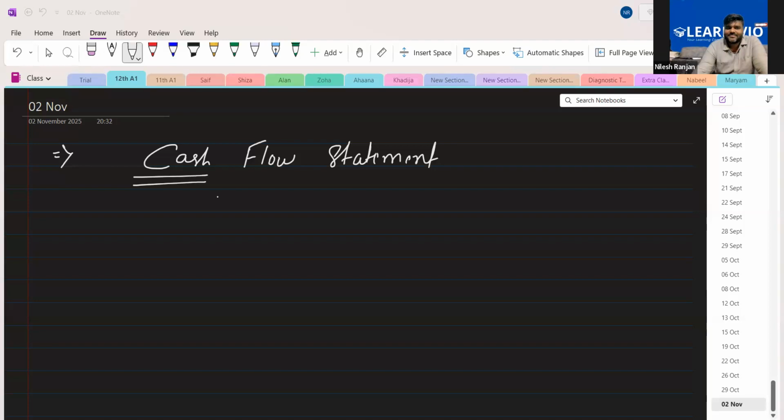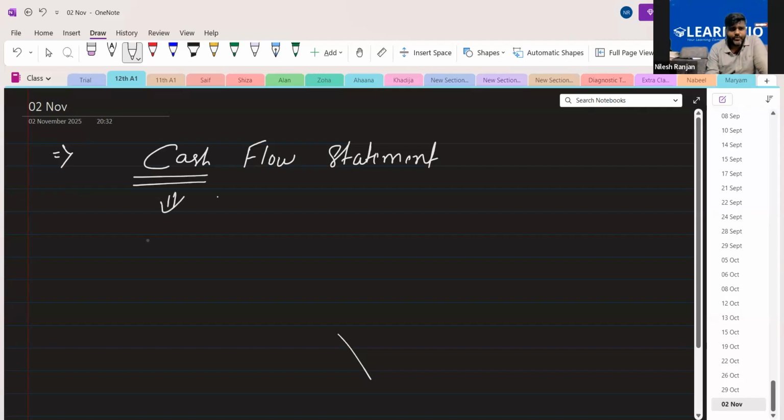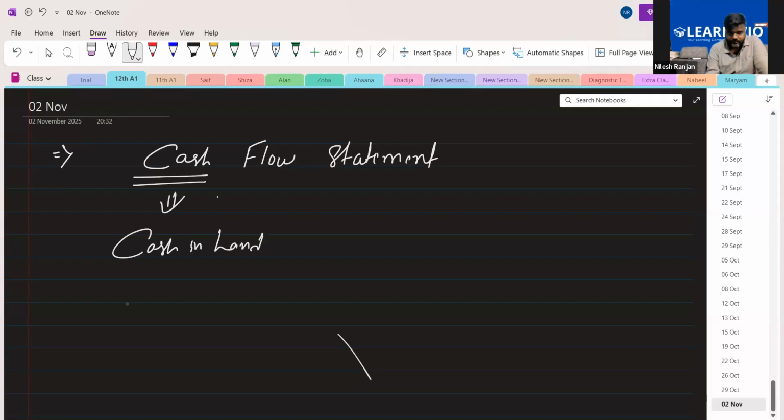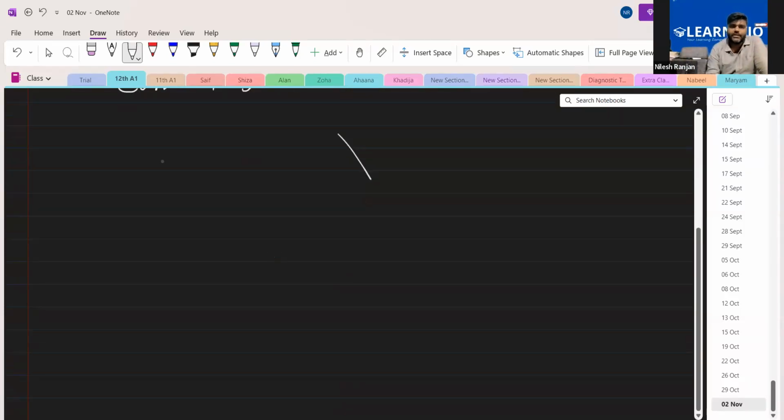Okay. So, first of all, cash here. Generally, cash relates to only two things, cash in hand and cash at bank. But in the cash flow statement, cash means more than this. Cash means cash and cash equivalent.